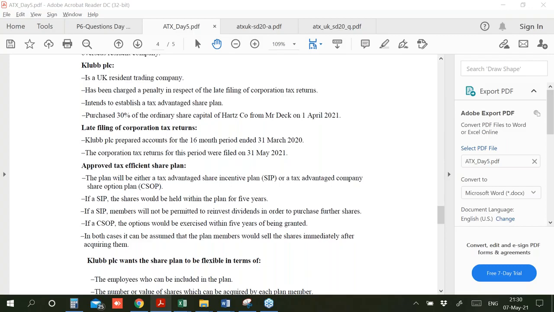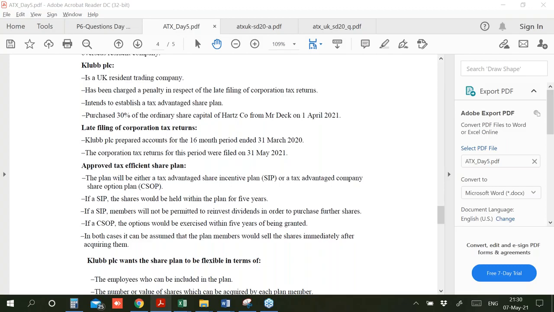If a SIP, members will not be permitted to reinvest dividends in order to purchase further shares. If a CSOP, the shares would be exercised within 5 years of being granted. In both cases, it can be assumed that the plan members would sell the shares immediately after acquiring them.